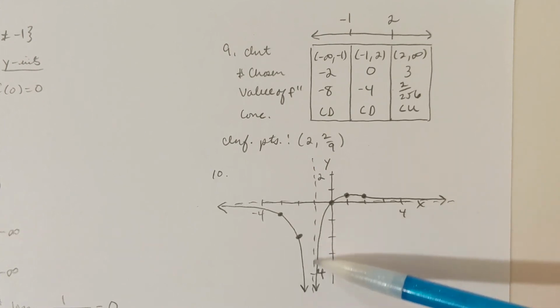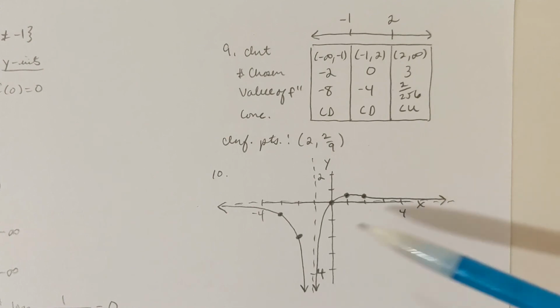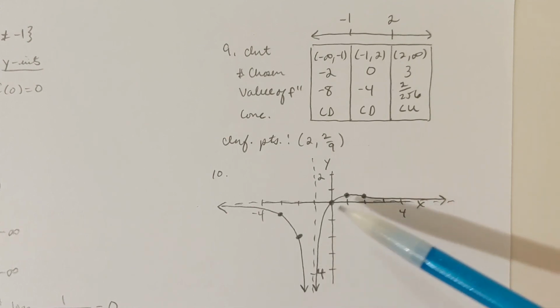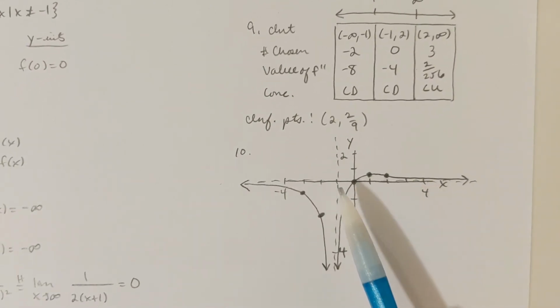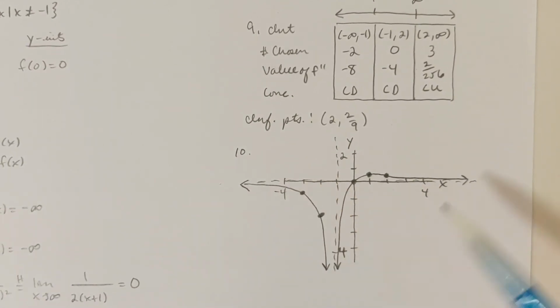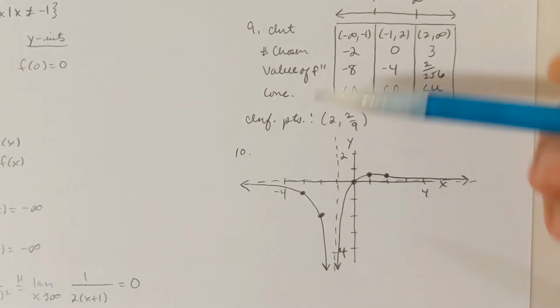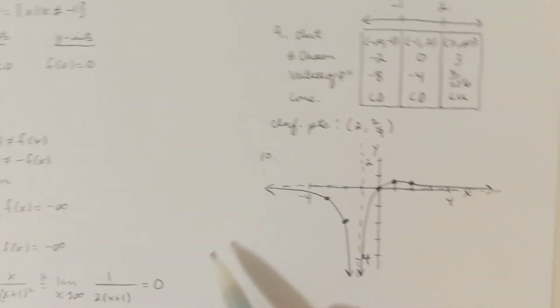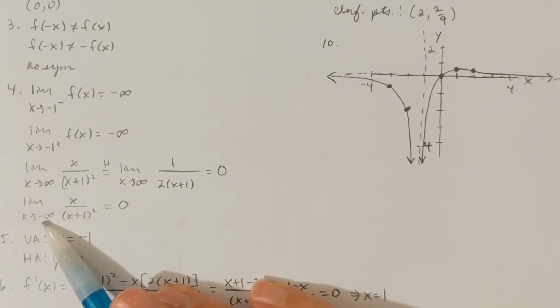The curve was heading downward and outward here, getting closer to this asymptote, so we're going to have a slight bump in the graph there at that max. And on the left side of the vertical asymptote, we already said that the curve is heading downward. And it's heading outward here, getting closer and closer to 0 if x is approaching negative infinity.